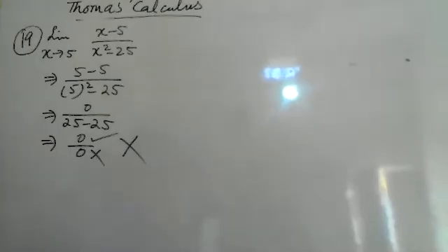If it is possible in both, we will make the factors in both numerator and denominator. If it is not possible to make the factors, then we will think some other way.